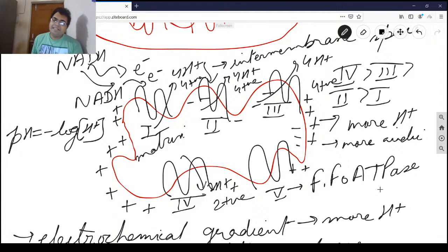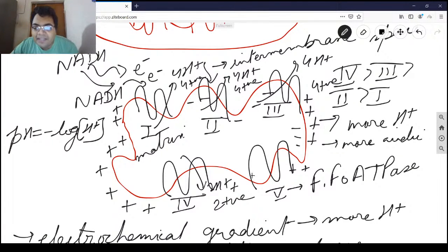By the law of physics, they will come down their chemical gradient and try to equilibrate the chemical gradient and electrical gradient. So they'll come back into the matrix, so that both can be equilibrated.